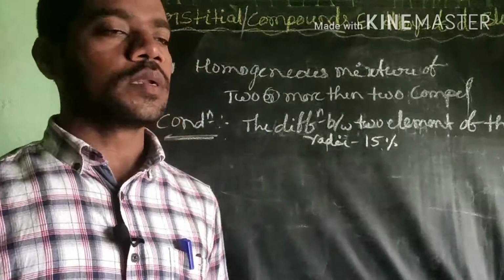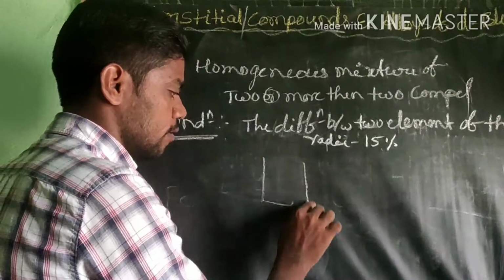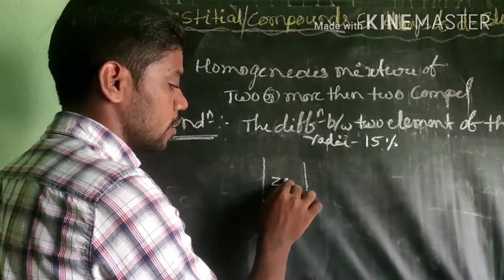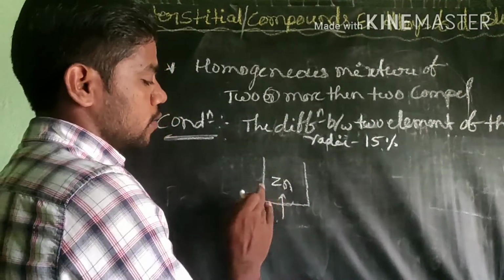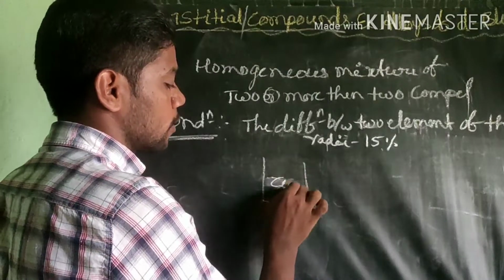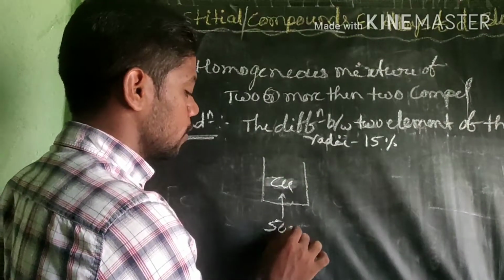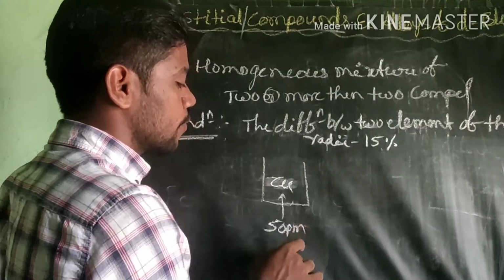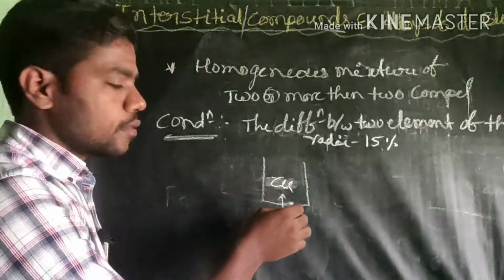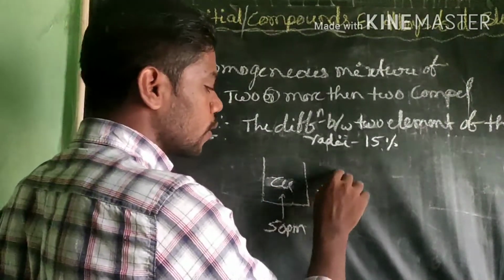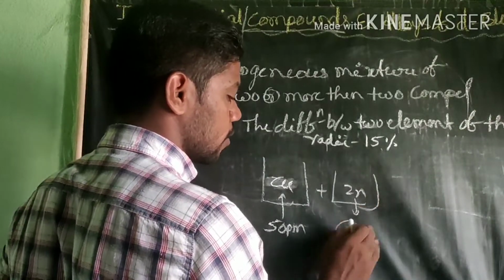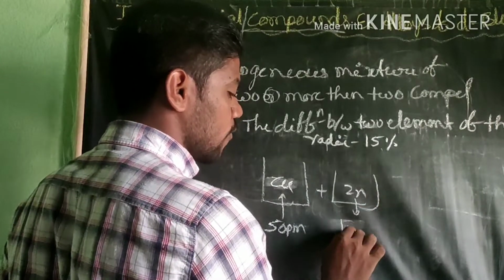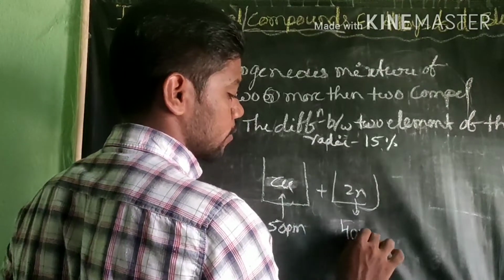That is very important. For example, just now I am mixing zinc. Assume first I take copper with a radius of around 50 picometer. Mixing the zinc, the atomic radius must be around 40-45 picometer.